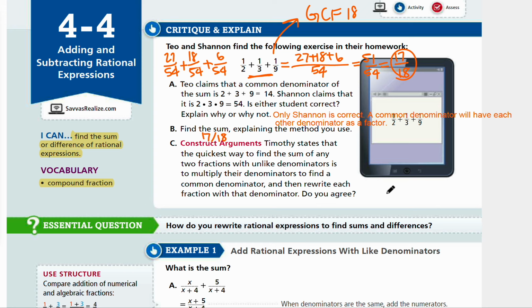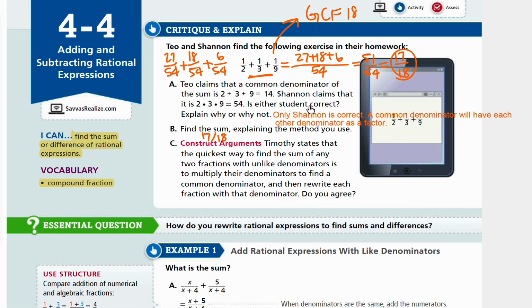Let's look at the last part. Timothy states that the quickest way to find the sum of any two fractions with unlike denominators is to multiply their denominators to find a common denominator and then rewrite each fraction with that denominator. Do you agree? The quickest way is to multiply all their denominators like Shannon did, right?